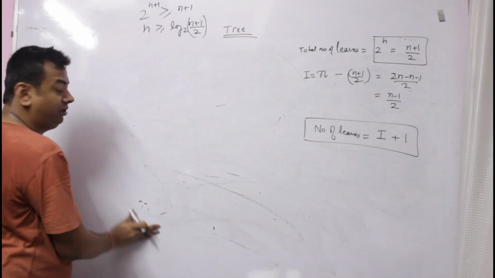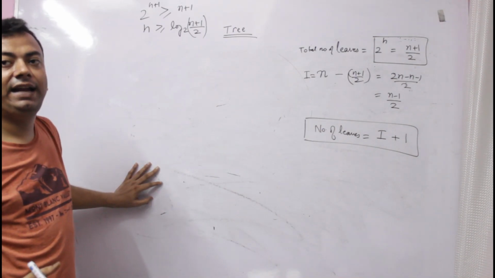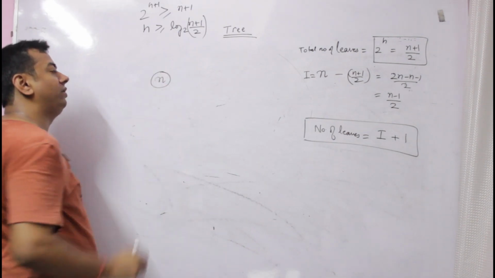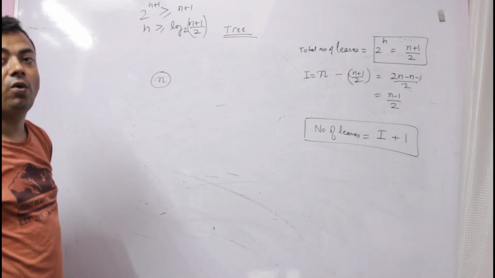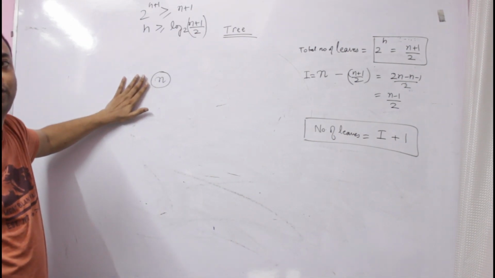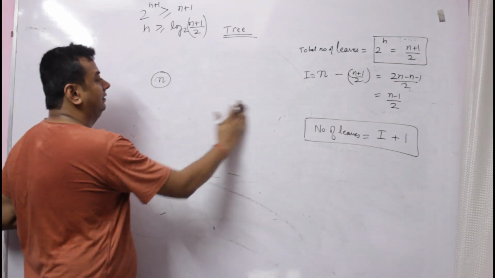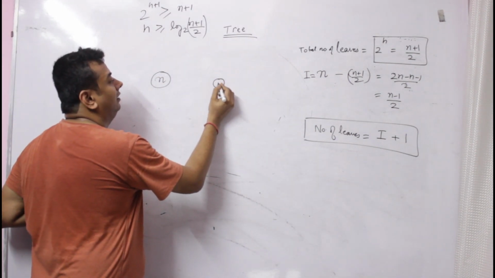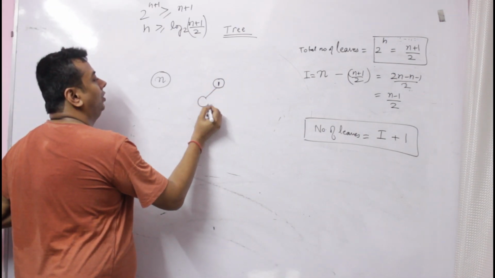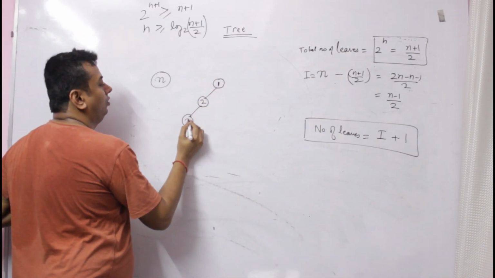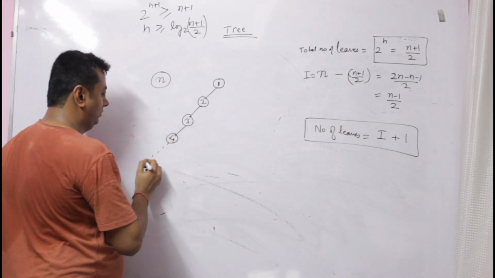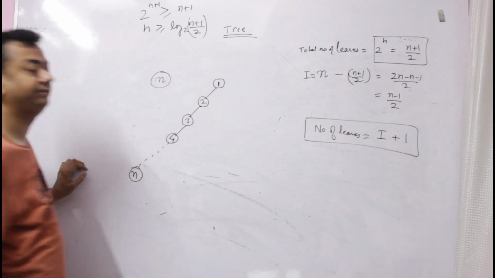Now let's talk about the minimum height of a tree and the maximum height of a tree. So suppose in a tree you have n nodes. What will be the maximum height the tree can achieve? Fine. I have node 1 here, node 2, node 3, node 4, and so on till node n.